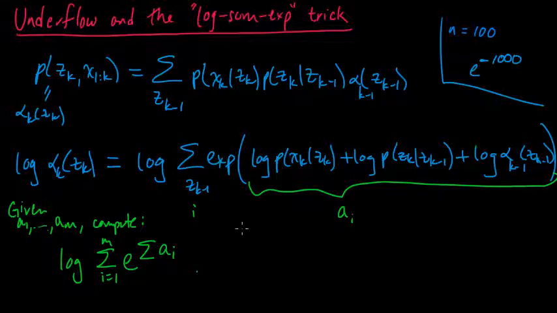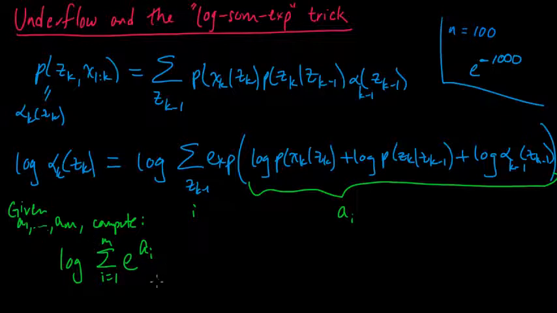Wait, is that right? Hold on. Oh, sorry, not the sum of the a_i's. We already have the sum of the a_i's. It's just e to the a_i, of course. I'm sure you saw that. Okay, so we need to compute this. This is our task. But we can't just do it directly, because e to the a_i could be very, very small. So what do we do?